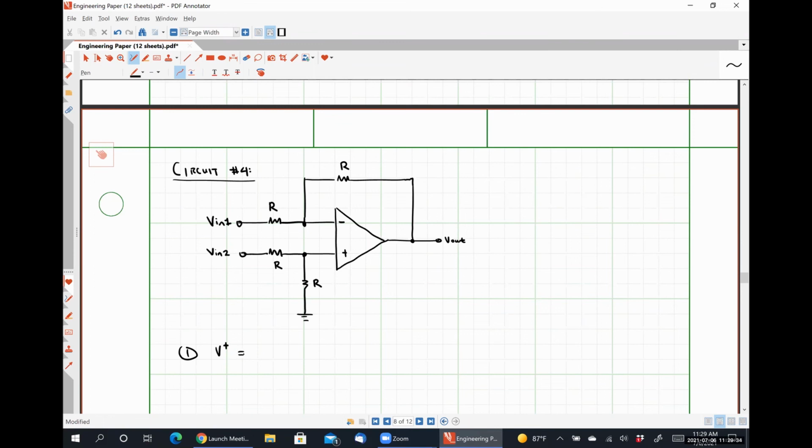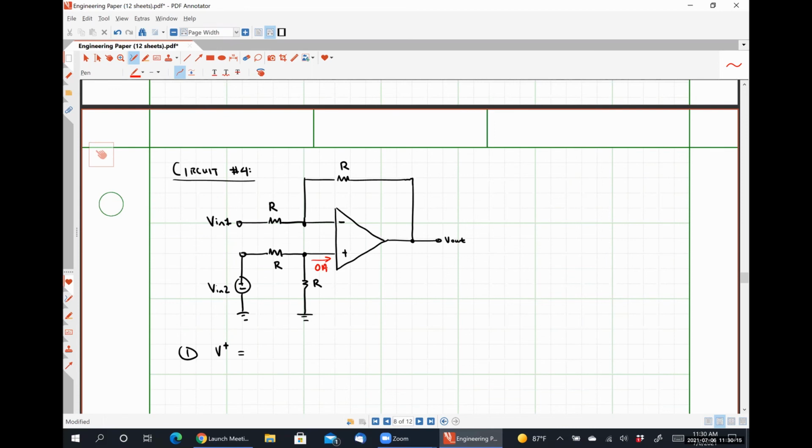I disagree. Maybe it'll help if I draw it like this. This current right here is 0 amps.